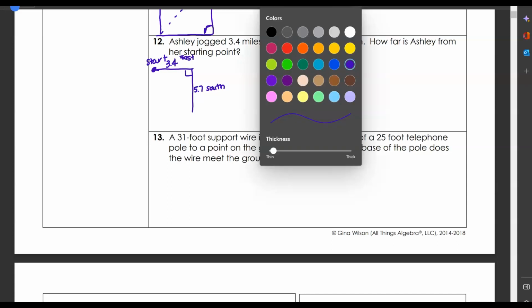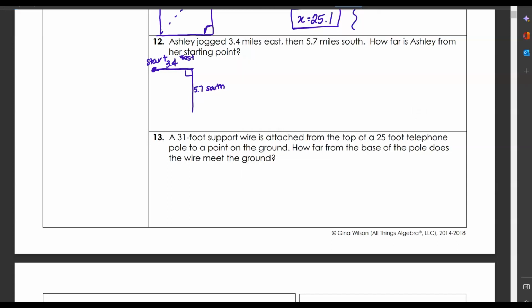The shortest distance between 2 points is always going to be a straight line. So if we take a straight line from our starting point, we are trying to calculate this distance here. This is going to be our x value. Both of these are my legs. So I'm going to have 3.4 squared plus 5.7 squared is going to equal x squared. 3.4 squared, if we plug that into our calculators, we're going to get 11.56, plus 5.7 squared, we're going to get 32.49, and then that's going to equal our x squared.